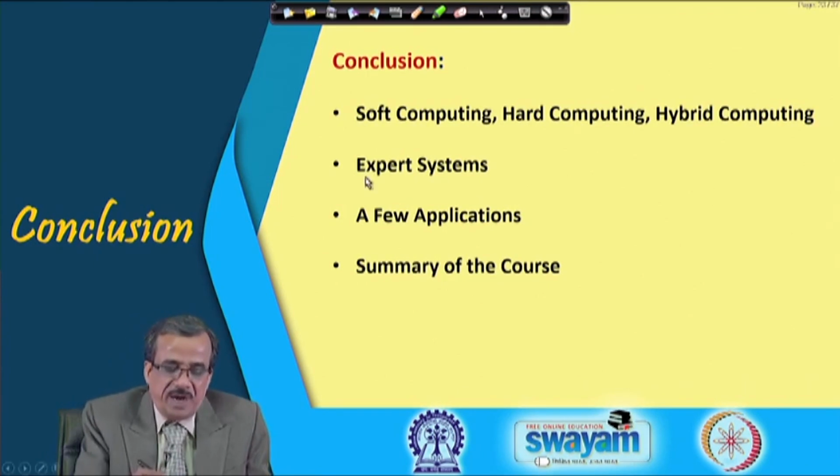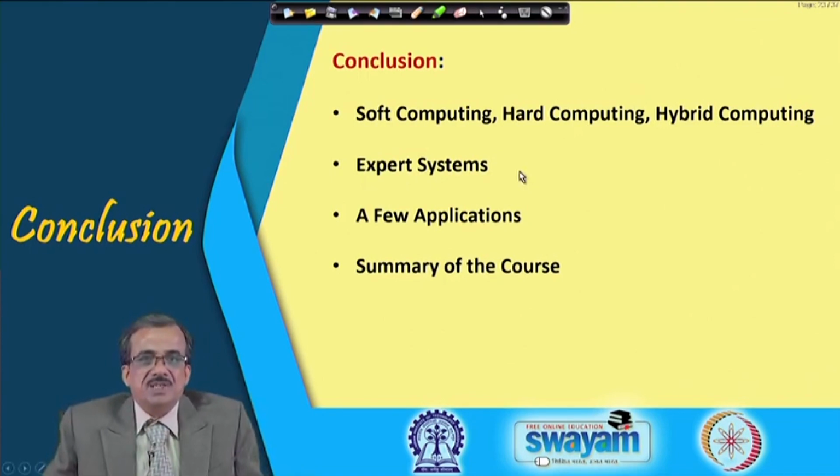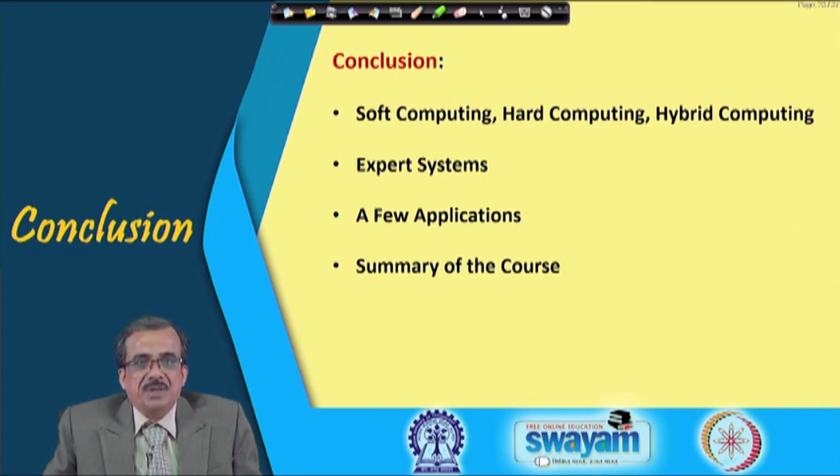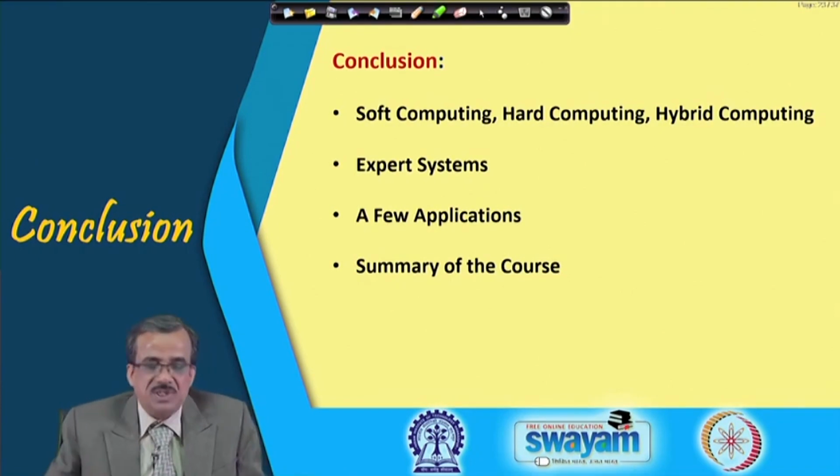We have also defined what we mean by expert system, and we have seen that an expert system is not simply one computer program, there is something extra. That means we try to copy the behavior of a human being, the way he solves that particular problem, and we model that in an expert system or knowledge based system.